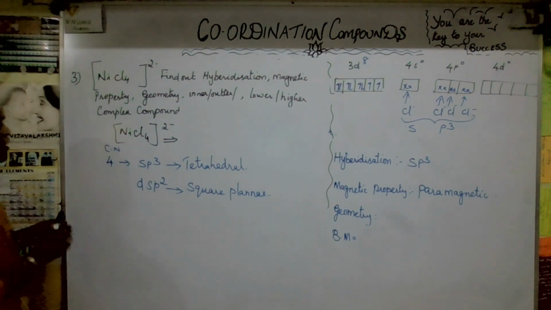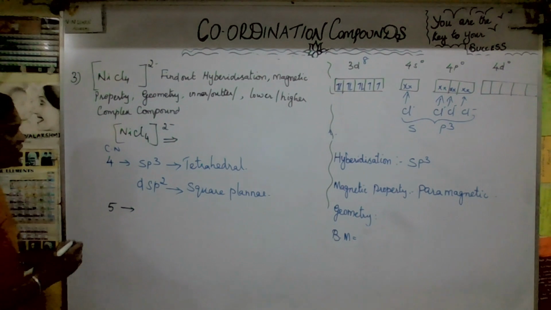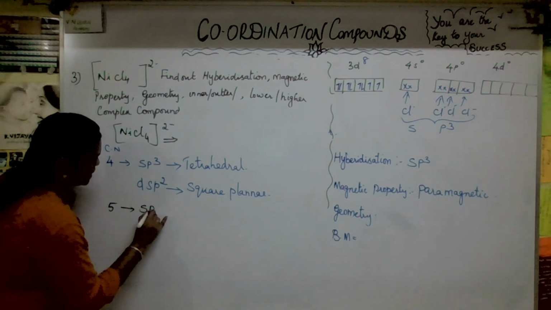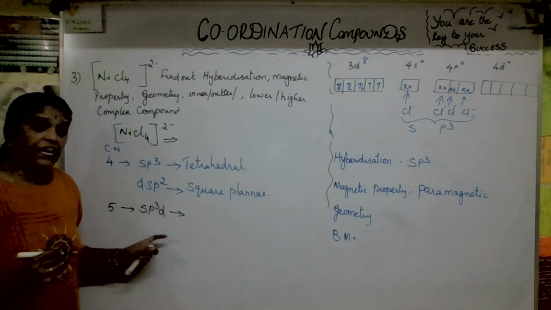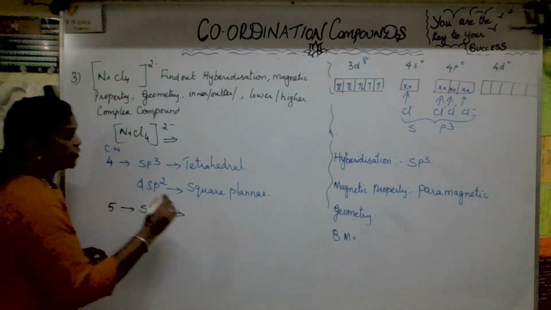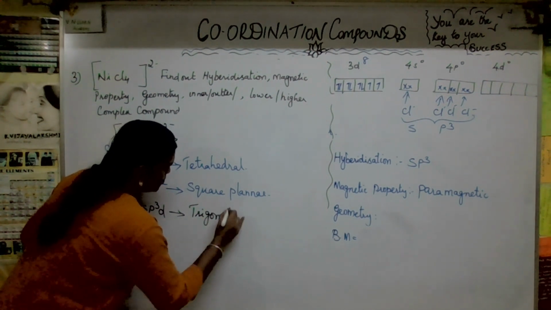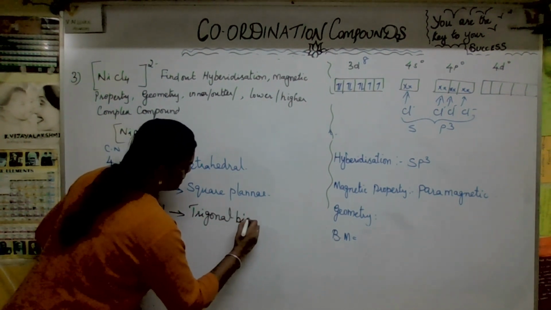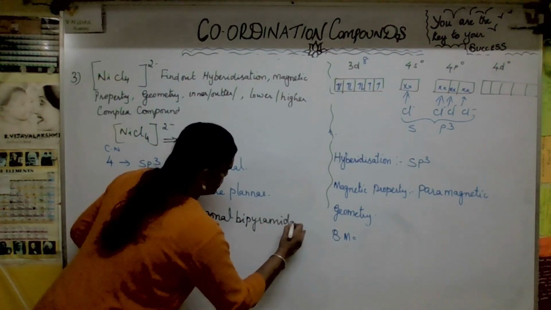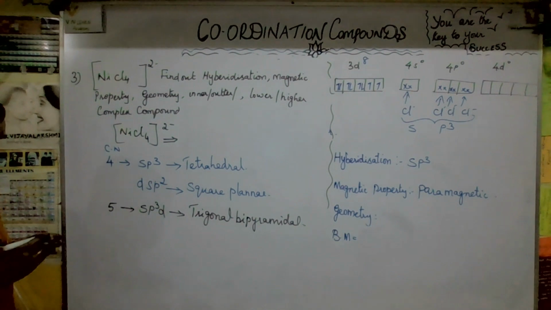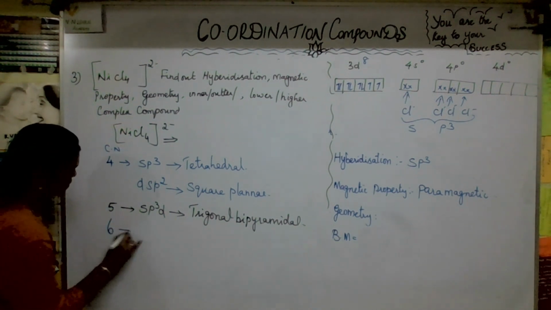Now the coordination number 5 means sp3d. This is sp3d, coordination number 5. So here trigonal bipyramidal.